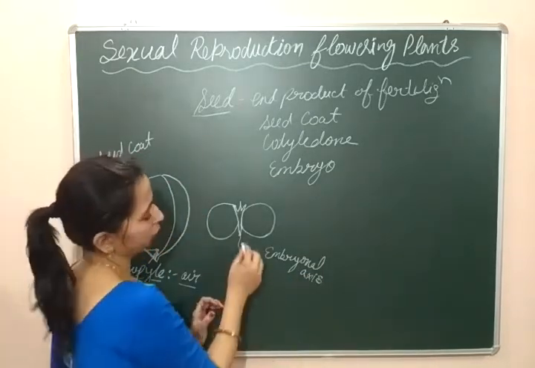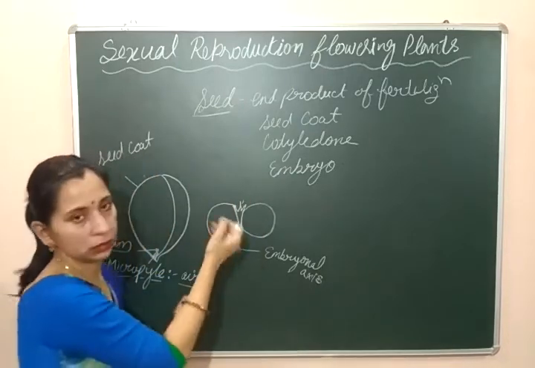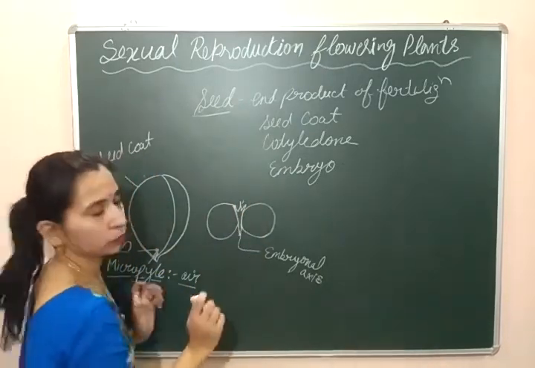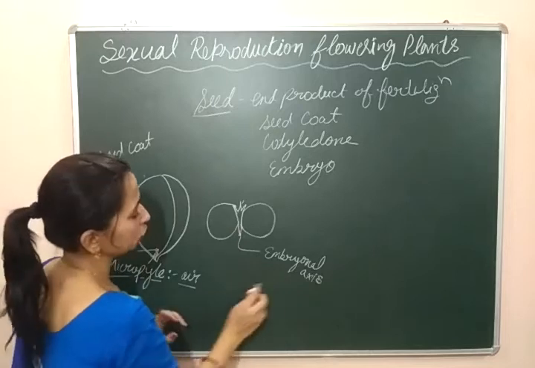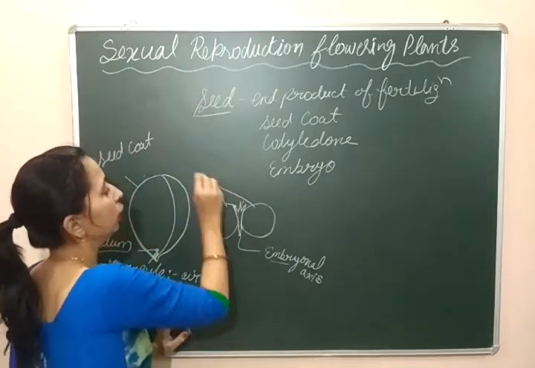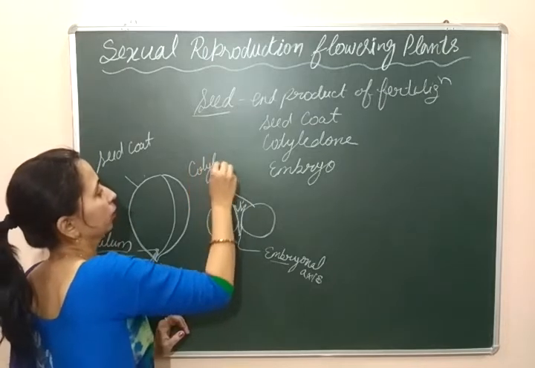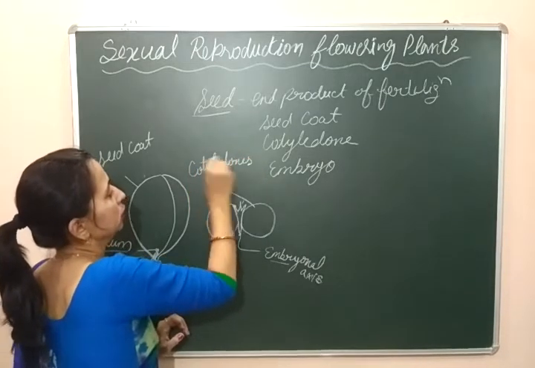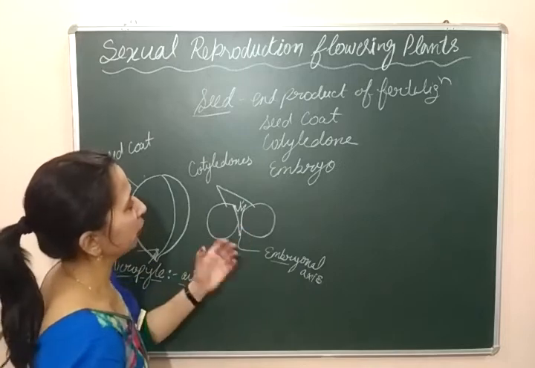The upper side is the plumule and the lower side forms the radicle. And these two structures are the cotyledons. This is the structure of a typical seed.